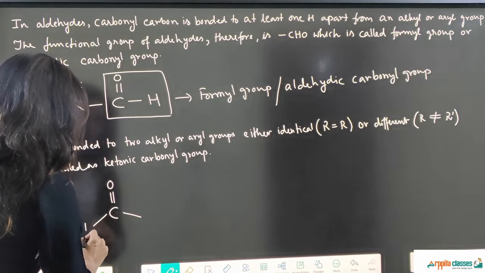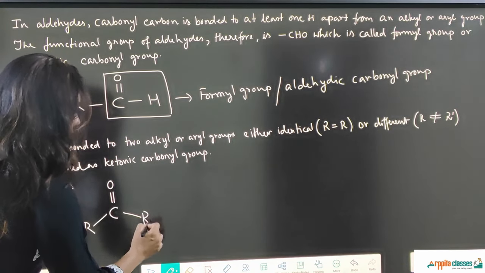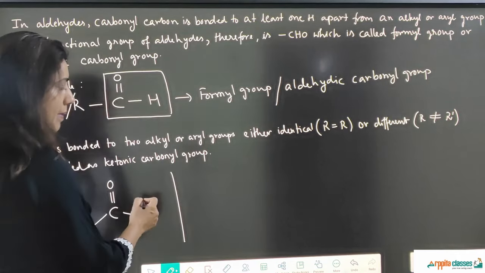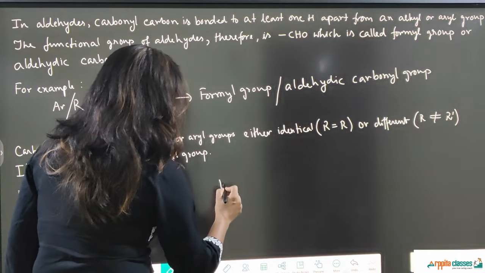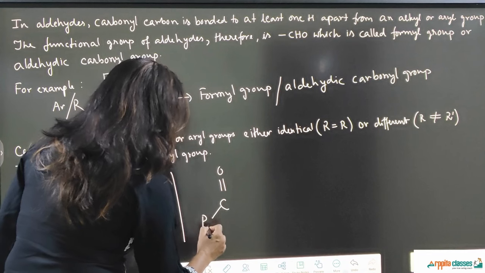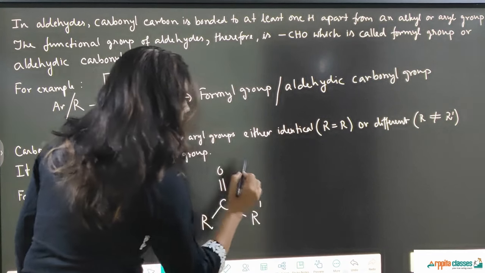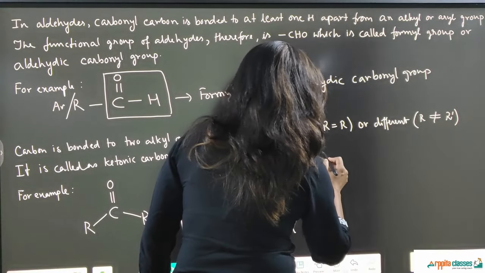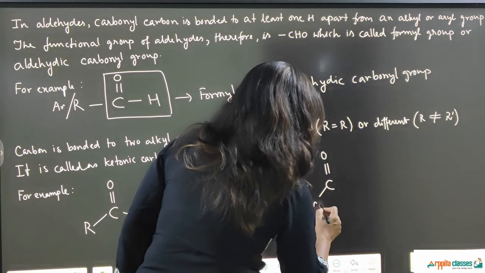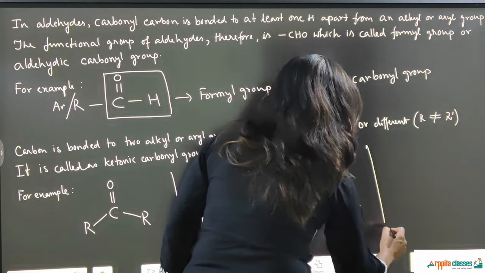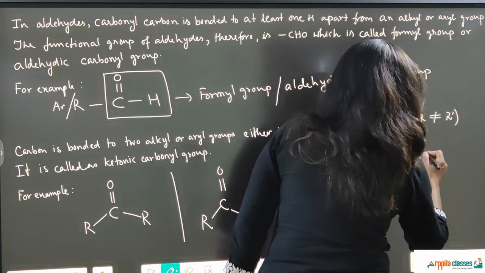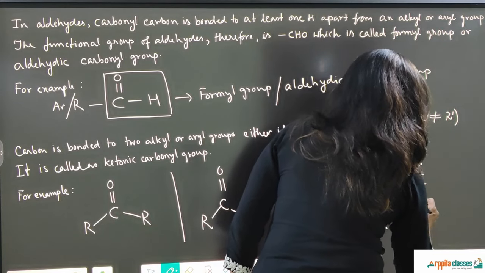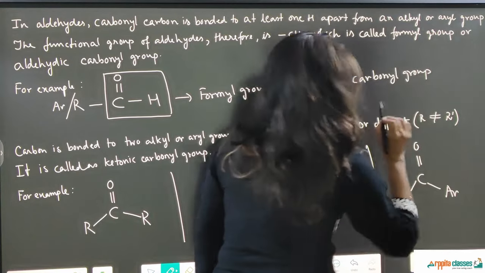Now either it is bonded to the same aliphatic alkyl group, or it is bonded to different alkyl groups, R and R dash are different, or it is bonded to one aromatic and one alkyl group, or it is bonded to two aromatic groups, then it is called a ketone.